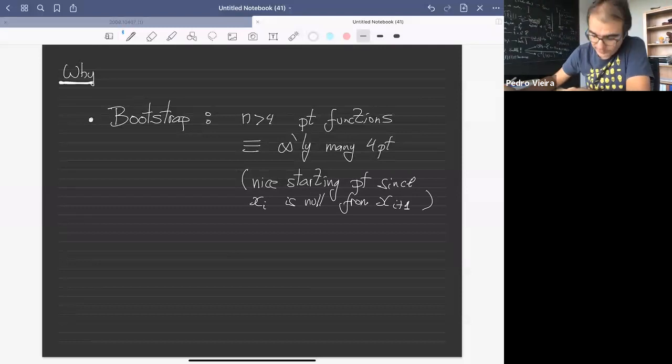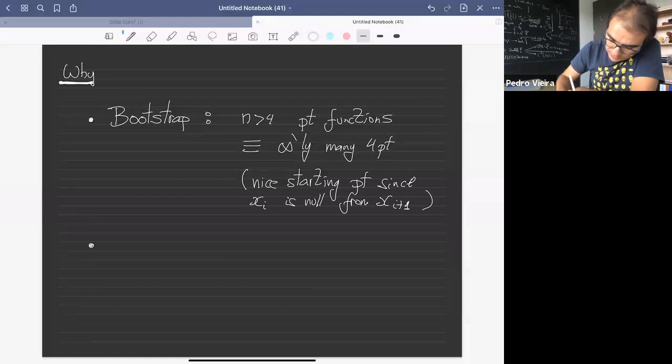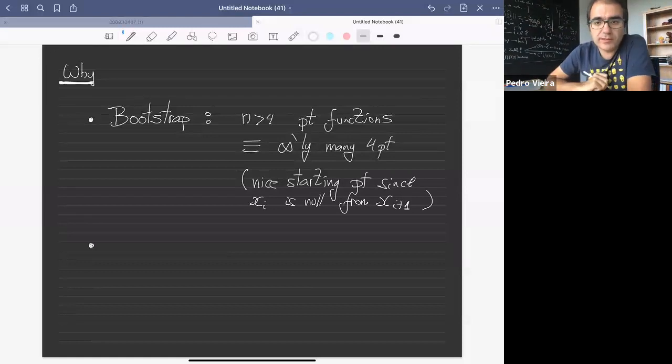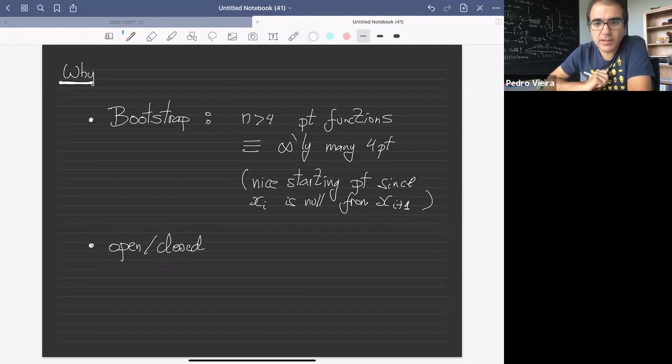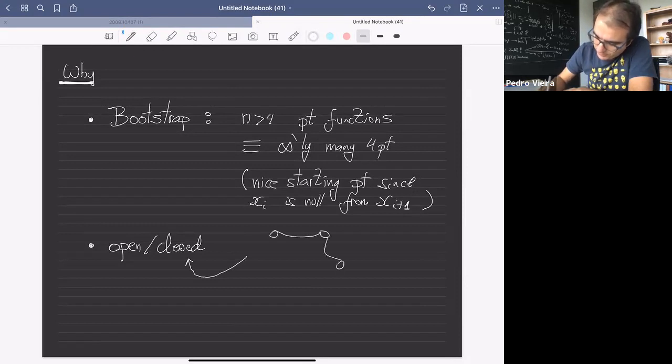The other point of motivation why we would want to study this is more particular to N equals 4, and I would say it's more related to this open closed string duality. So it turns out that we start with an n-point function of local operators. So we are starting with closed strings, say, when we describe this 6-point function, for example.